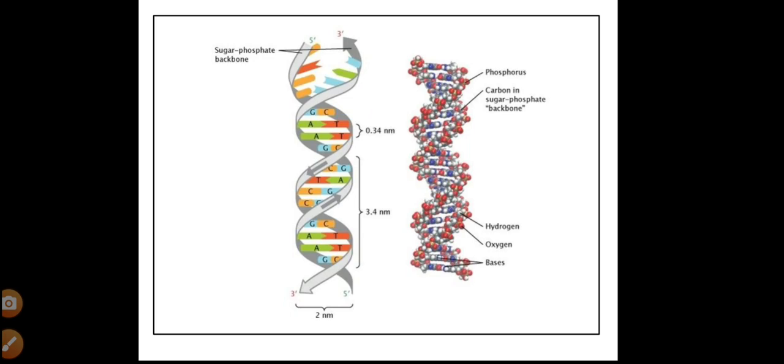The bases in a base pair must be one purine and one pyrimidine. That is why, at any position along the length of the DNA molecule, the width is 20 angstroms, or 2 nanometers. Because purine is large and pyrimidine is small, in any base pair they can fit exactly into the width of 2 nanometers, equal to 20 angstroms.